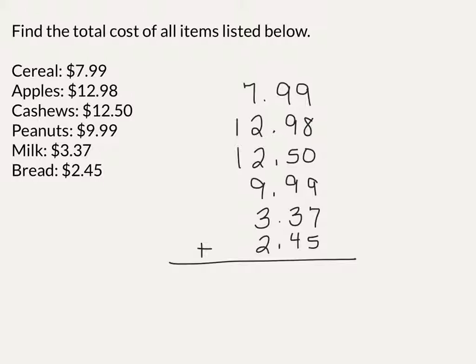Now we'll start at the column furthest to the right, and add up all of those digits in the column. So we have 9 plus 8 plus 0 plus 9 plus 7 plus 5. When we add up those values, we get 38. So we'll write the 8 and carry the 3.